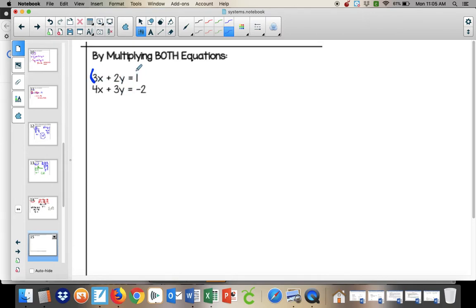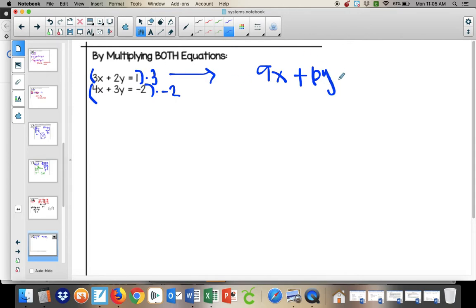So I'm going to multiply the top by 3. And I'm going to multiply my bottom by a negative 2 because I need to make them not only the same number, but one has to be positive, one has to be negative. So they have to be opposite. So the top one, 3 times 3x is 9x. 3 times 2y is 6y.